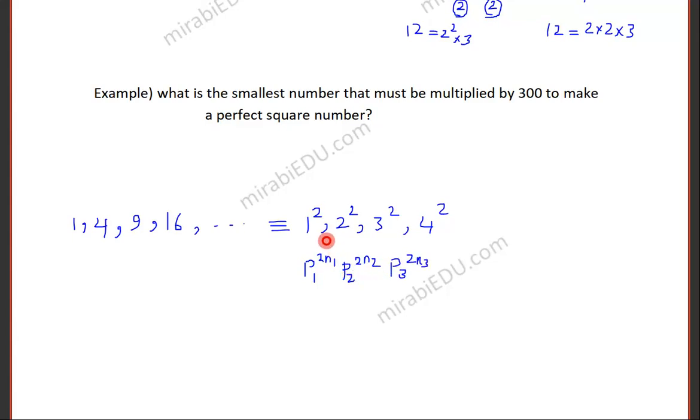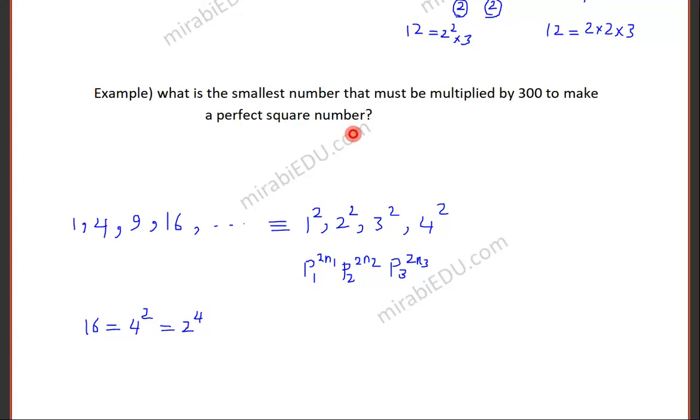It means the prime factorization of a perfect square is like this: prime numbers to an even power. For example, 16 is 4 to the second power or 2 to the fourth power. So if you take the base, a prime number, the power is an even number.